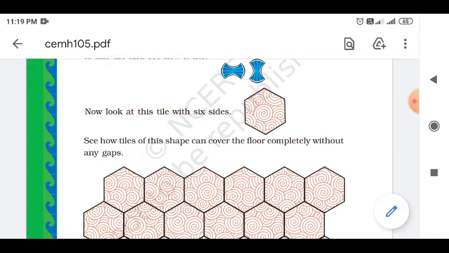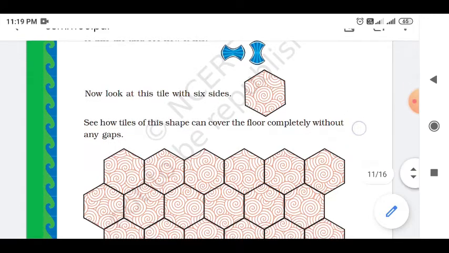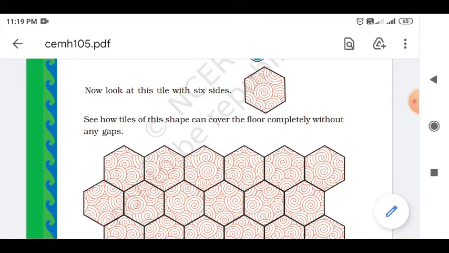Having 7 sides, a heptagon. Having 8 sides, an octagon. 9 sides, a nonagon. 10 sides, a decagon. Like that, you can name shapes by seeing how many sides there are.